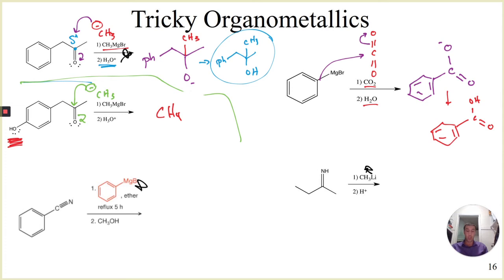That would be the answer because that's CH3 attacking the acidic hydrogen to form CH4. Okay? So that could be one of your answers. Another possibility for a valid answer for this one would be just redrawing the starting material.